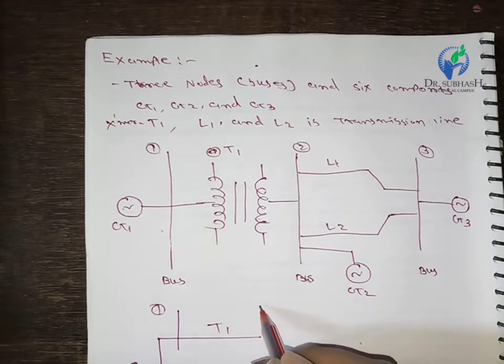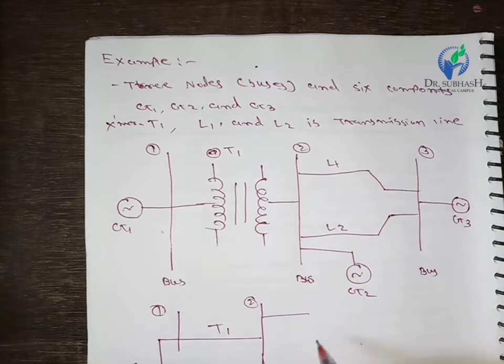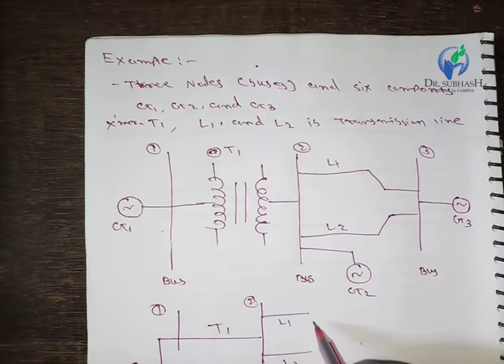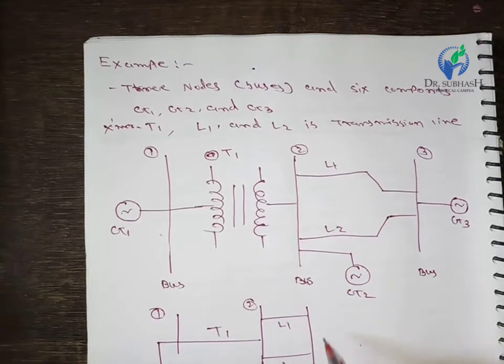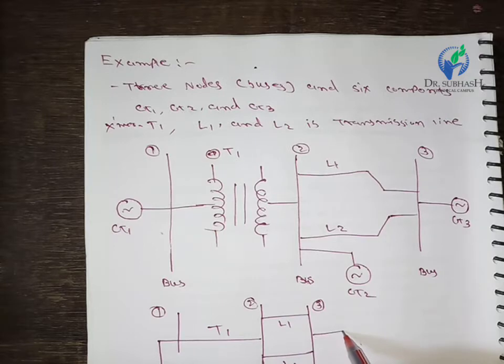Then the second bus is known as number 2. It is connected with the L1 and L2 lines. L1 and L2 are also connected to bus number 3, so we take a point as number 3.